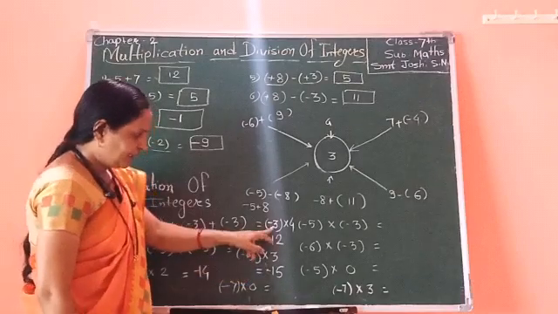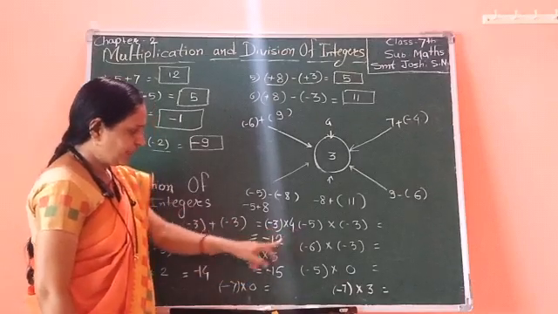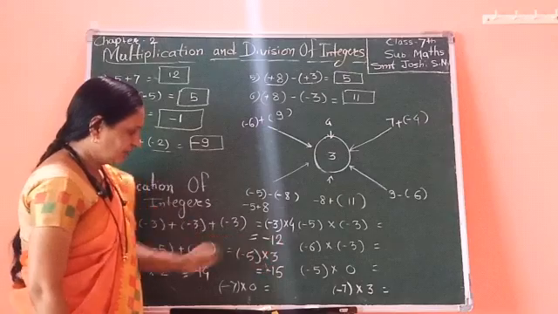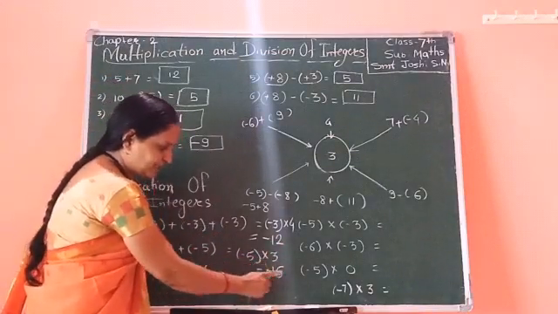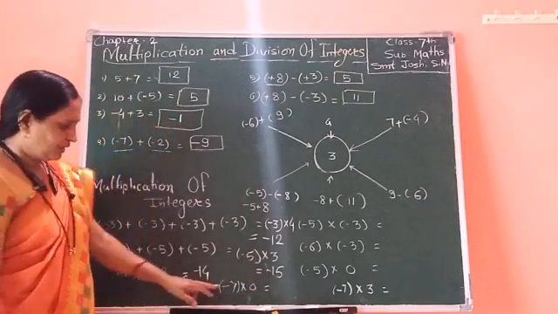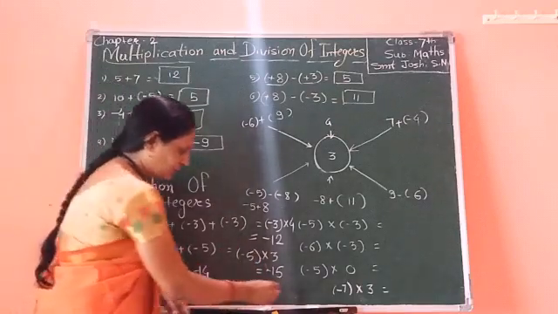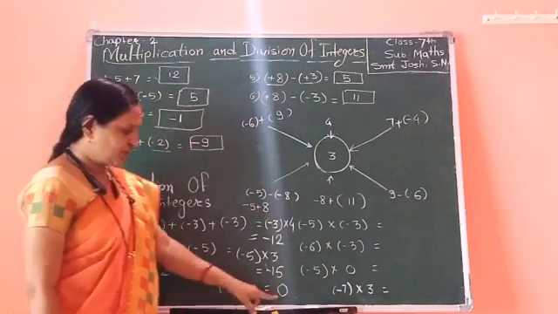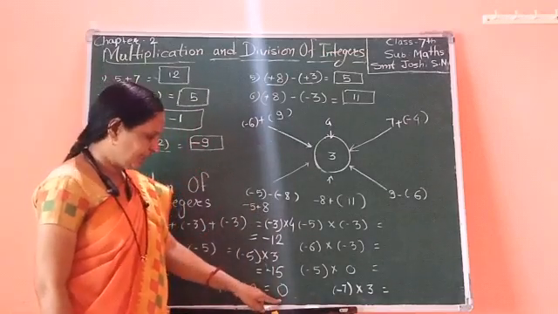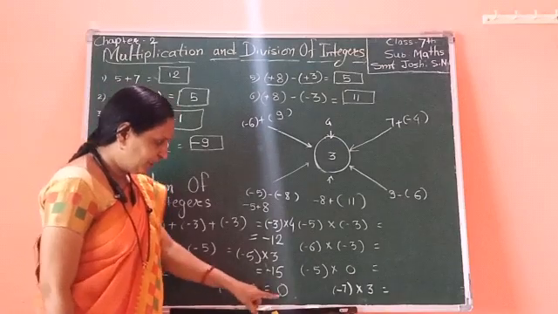Here negative 3, positive 4, answer is negative 12. Here negative 5 into 3, answer is negative 15. Negative 7 into 0, what is the answer? 0. And we know that 0 is neither positive nor negative. Answer is only 0.